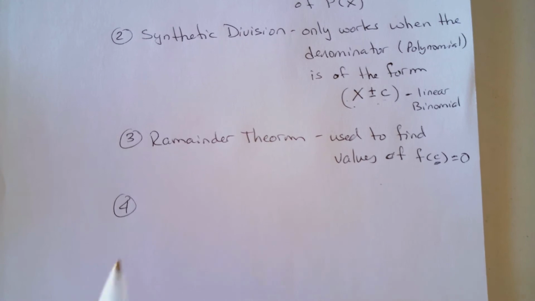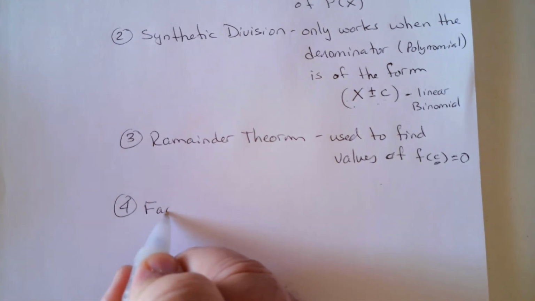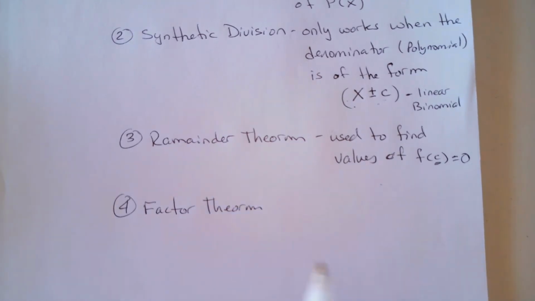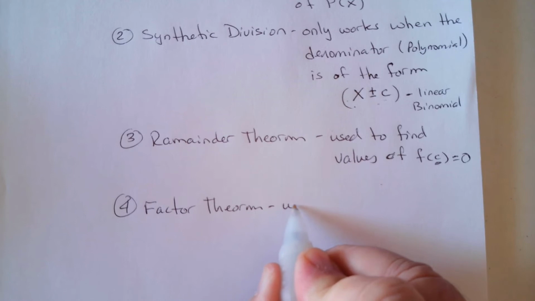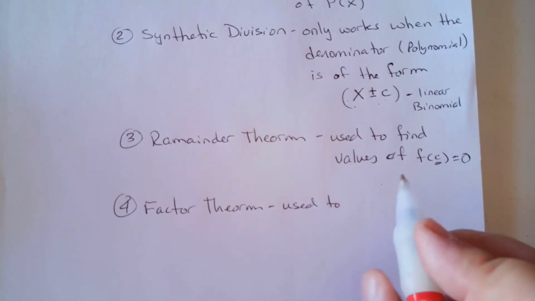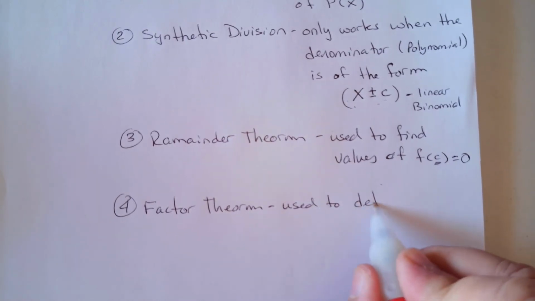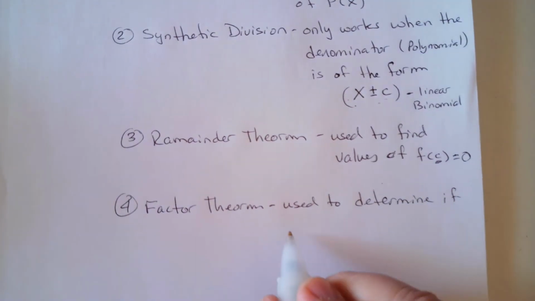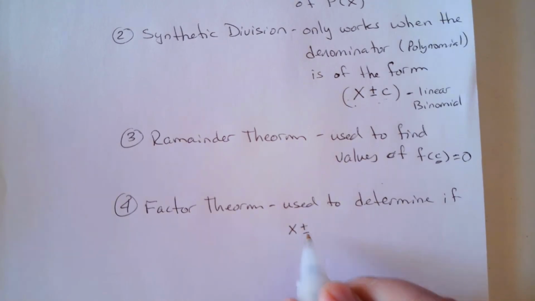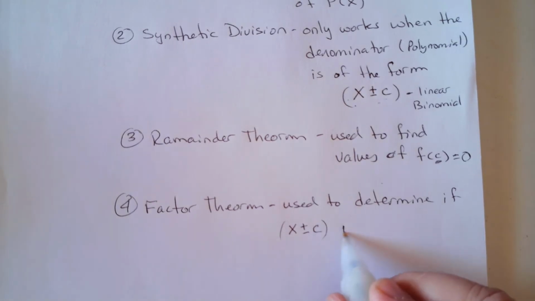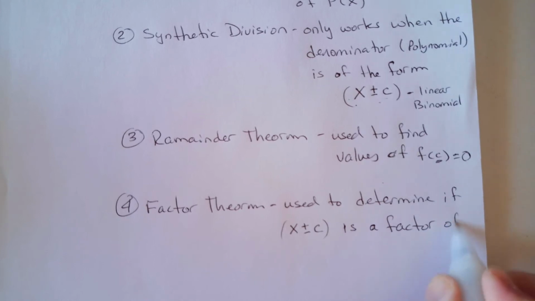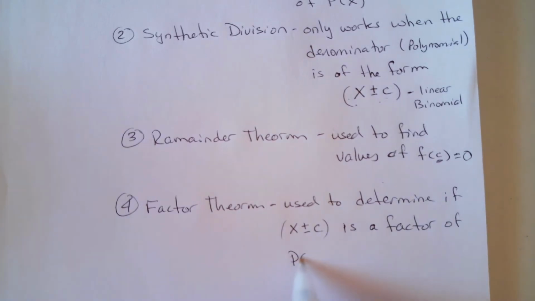And the fourth is the factor theorem. This is used to determine if our linear binomial x plus or minus c is a factor of our polynomial.